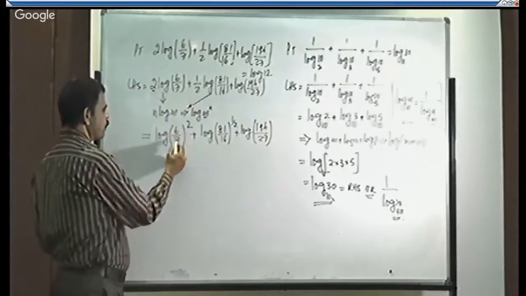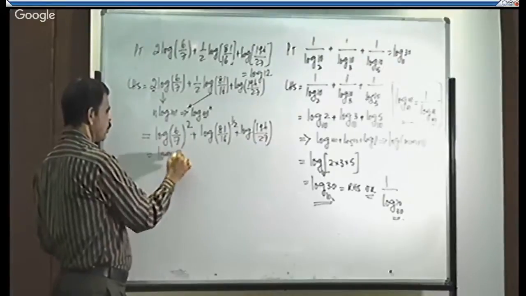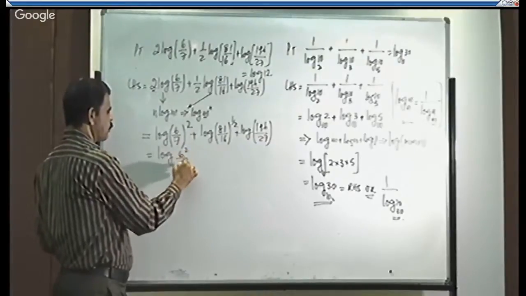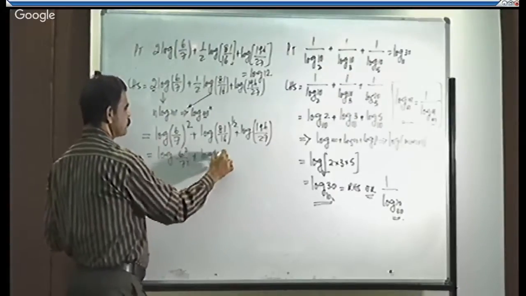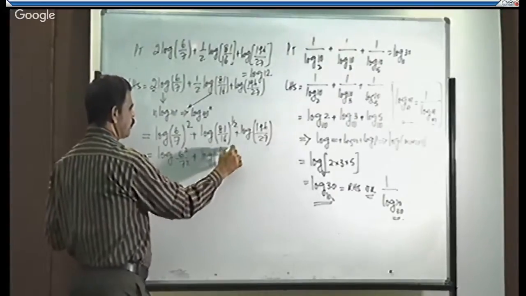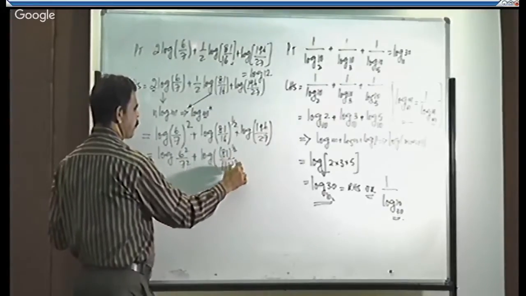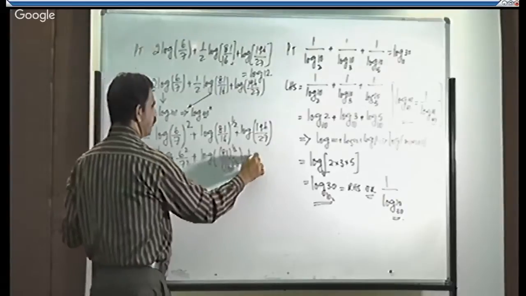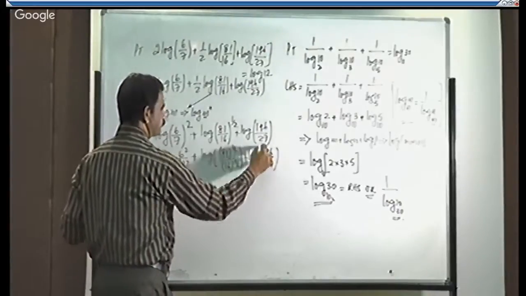When we have square for both numerator and denominator, it becomes log of 6 square divided by 7 square, plus log of 81 to the power of half divided by 16 to the power of half, plus log of 196 divided by 27.